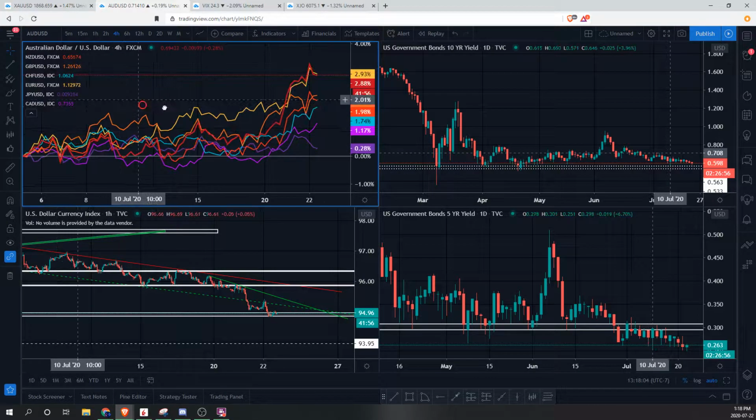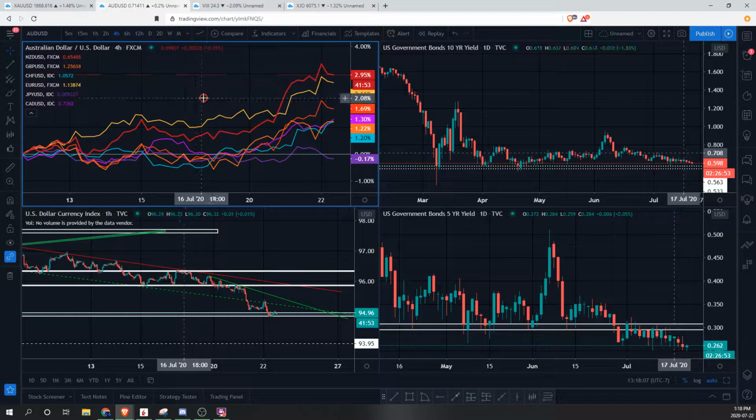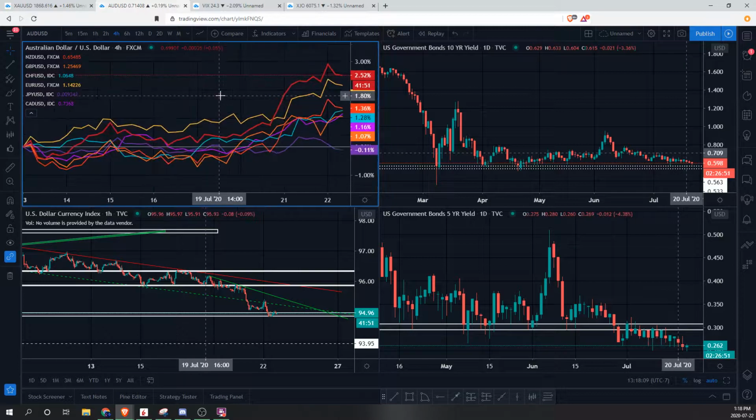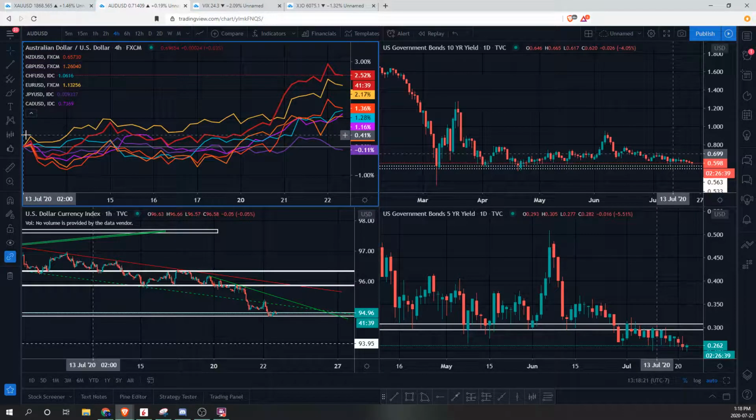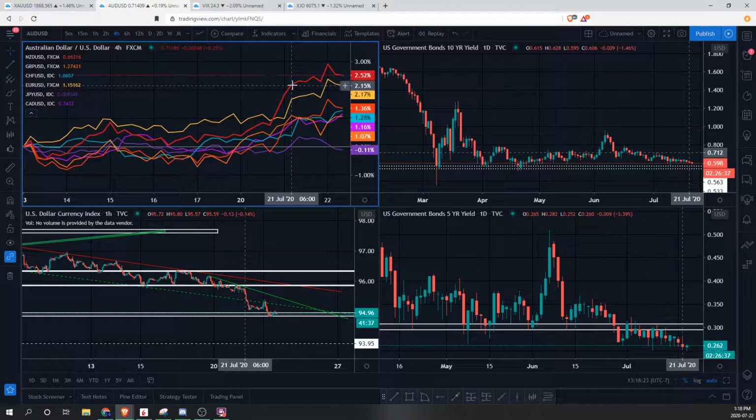So what we can extrapolate from this information here, just by understanding the baskets of currencies that we are adding to our chart here. The first one, the most bullish on our 4-hour chart since July 13th, is the Australian dollar. And we're all comparing it to the United States dollar, right?